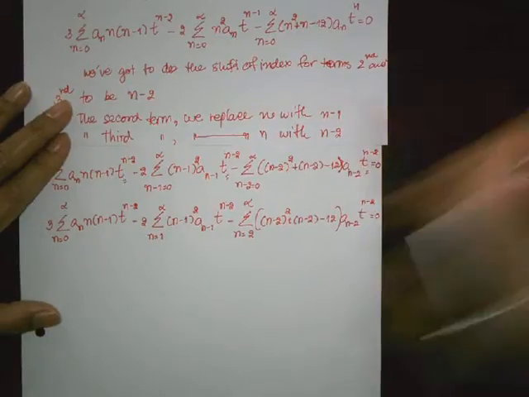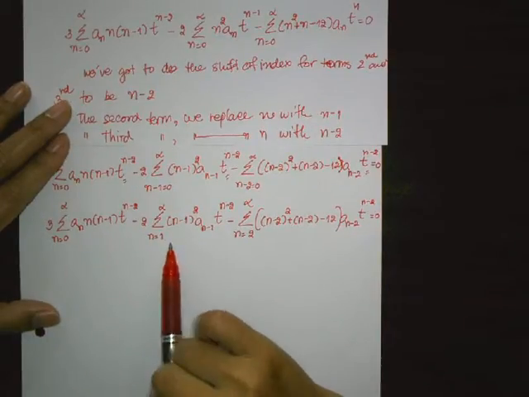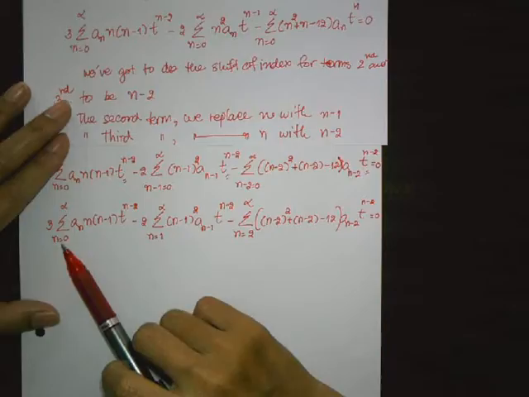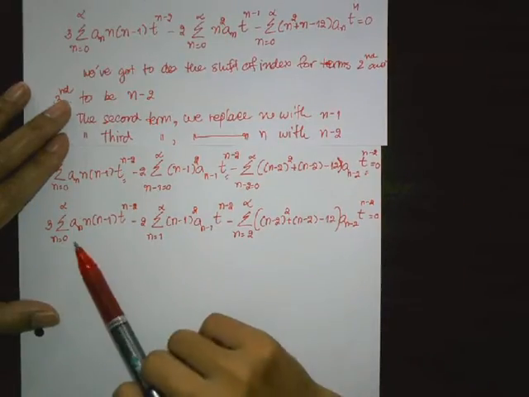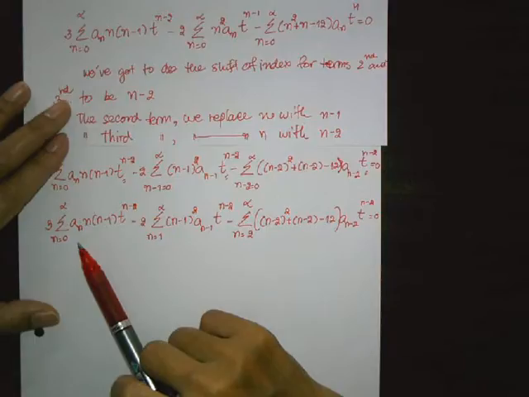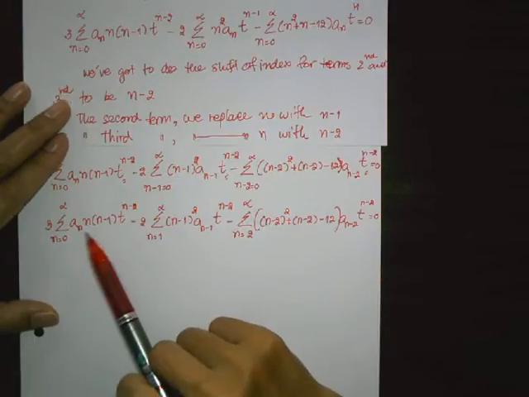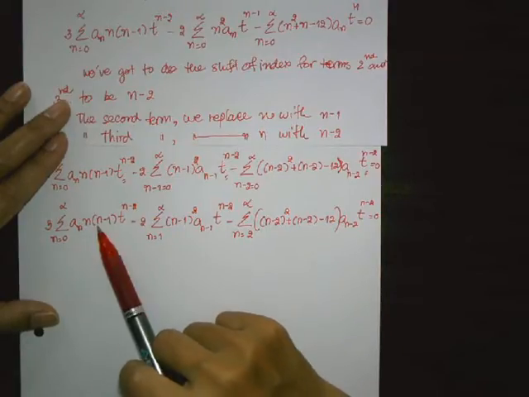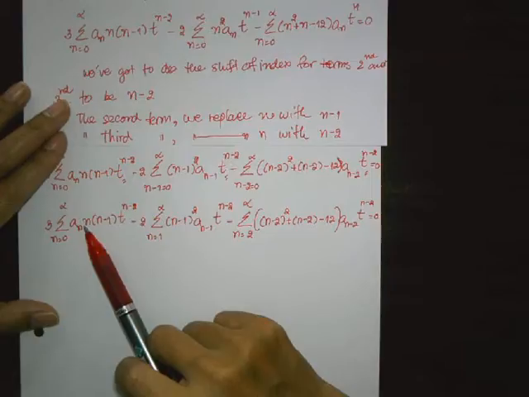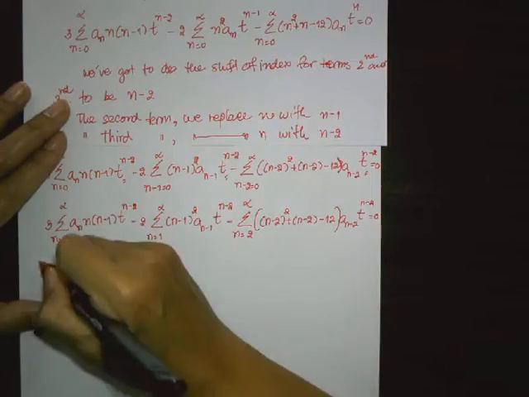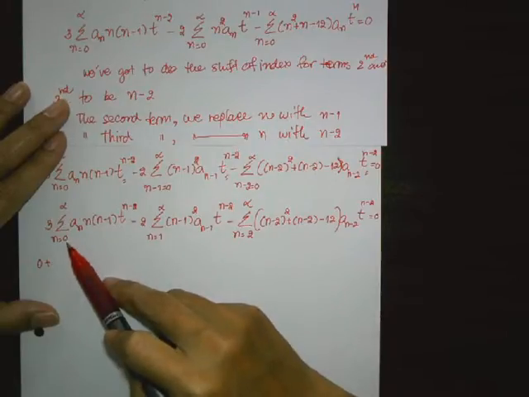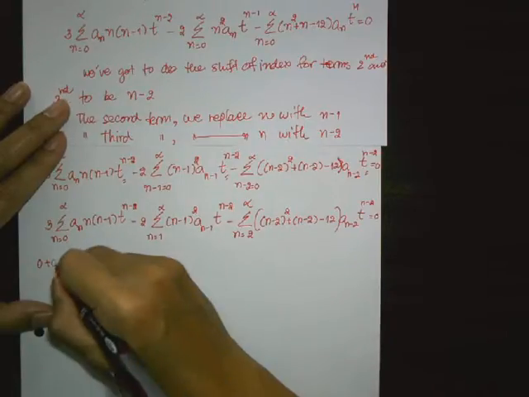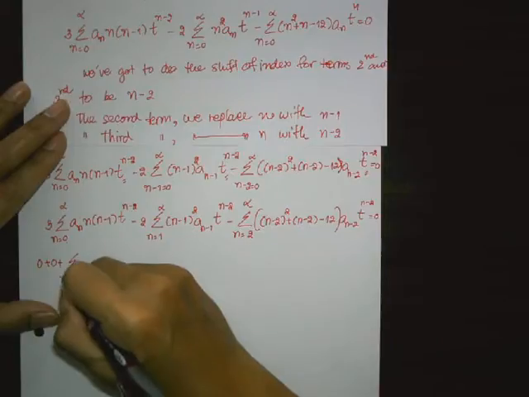Again, because n does not start at the same point, what we are going to do is plug in values for each term in order to make n start with 2. So the first term, if we replace n equal to 0, what do we get? 0. If we put n equal to 1, still 0. So then we add the rest.